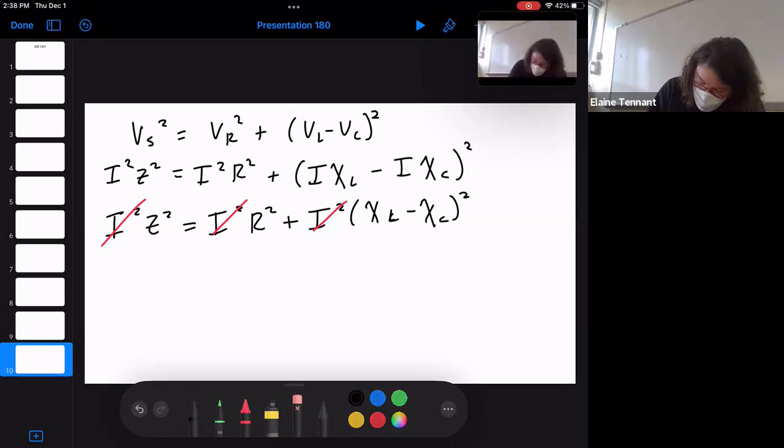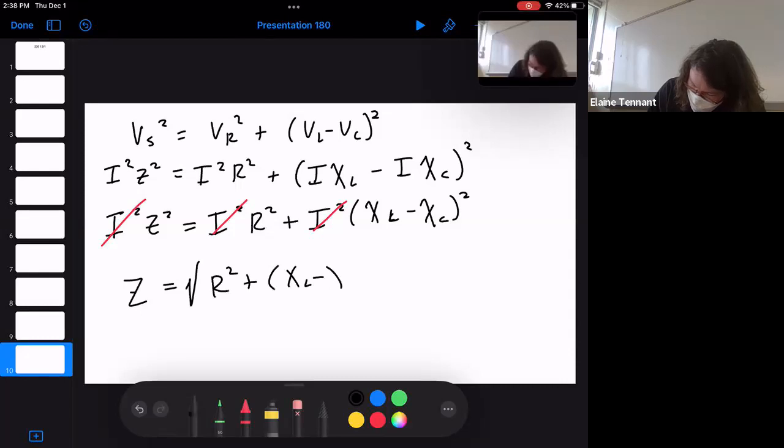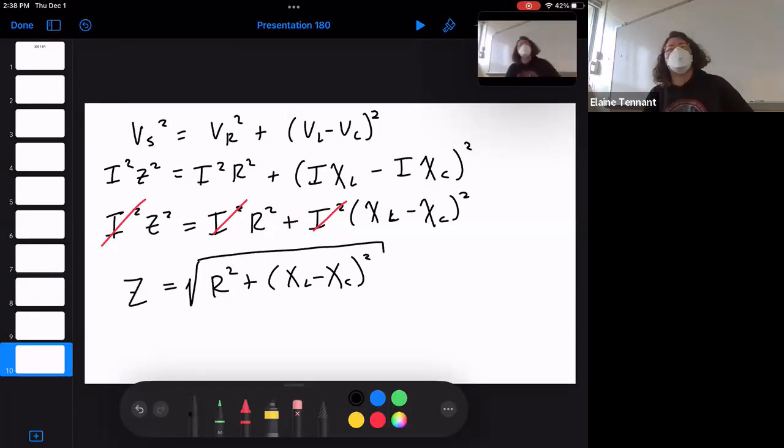But this ends us up with a very nice equation where the total impedance of my circuit equals the square root of R squared plus X sub L minus X sub C squared, all square rooted.